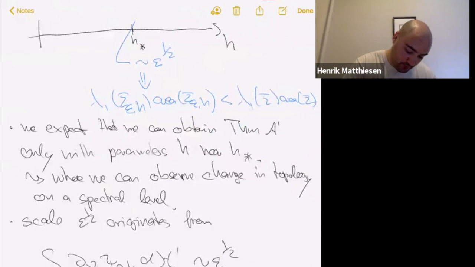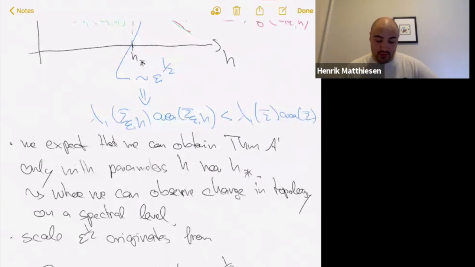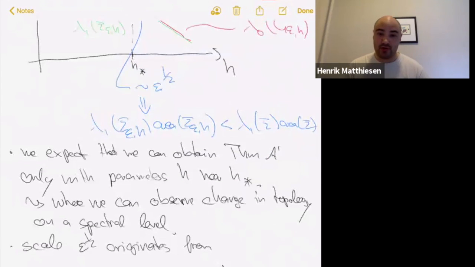Where psi epsilon H is a normalized lambda 0 C epsilon H eigenfunction. All right, so look at this term.